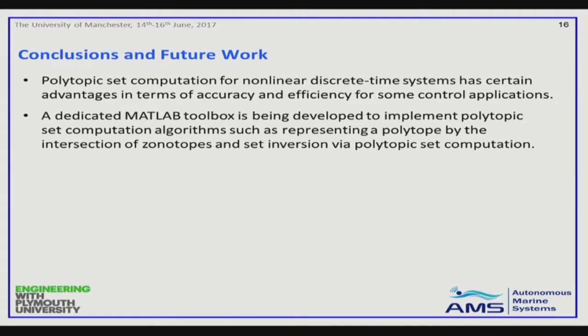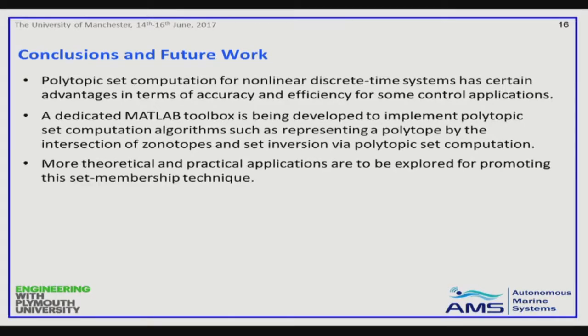So the standard algorithm is there. Then we can easily plug in your problem to compute the evolution of these polytopes. And more theoretical and practical applications are to be explored for promoting this set membership technique.